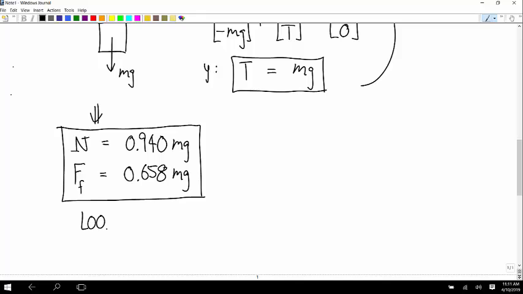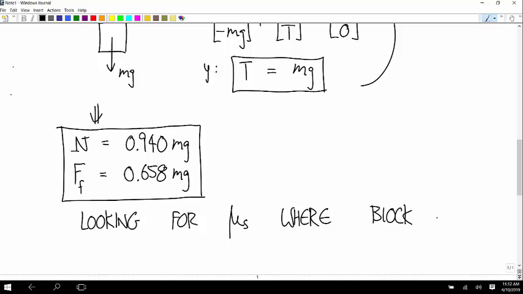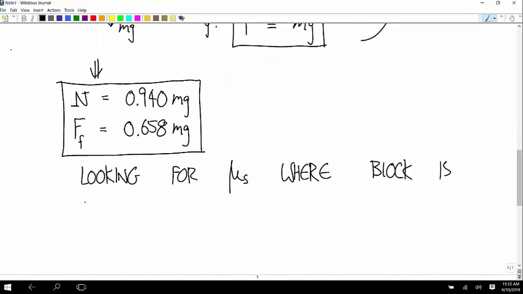Now we're looking for the coefficient of friction, the mu sub s, where the block is just about to slide.